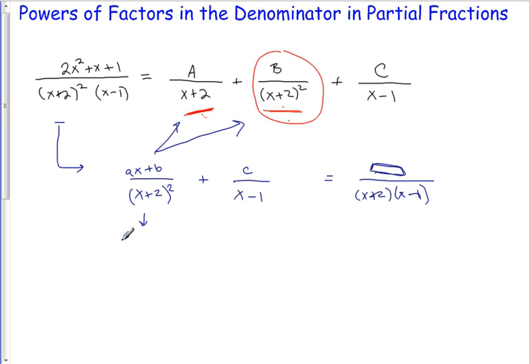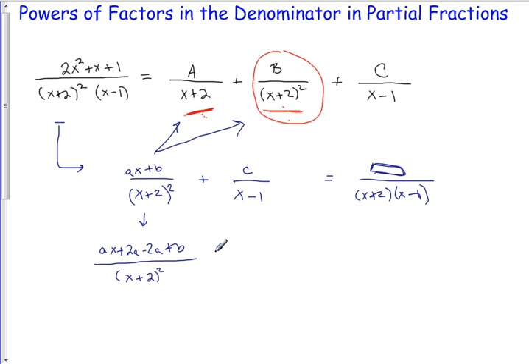I'm going to take my ax plus b, and I'm going to add and subtract what I need to, so that I can separate that fraction into something where the x plus 2 will factor out. So in other words, I want to add a 2a and subtract a 2a.